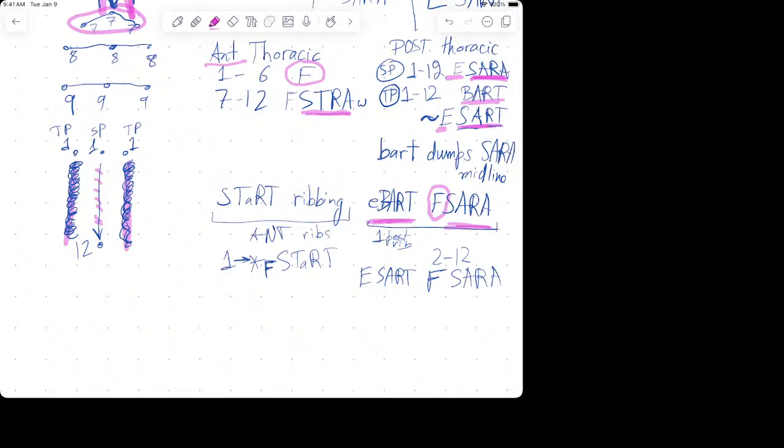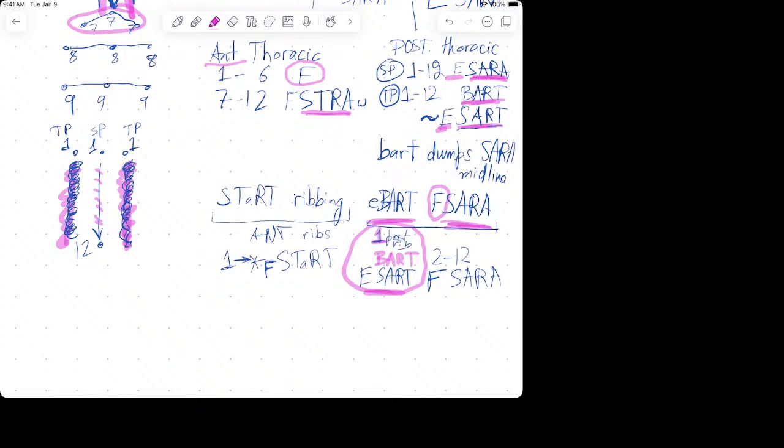And yeah, so start ribbing, take the BART, extended line BART, extended line BART over there too, and then F Sarah. So really this is the one that stands out, and with the BART you can remember it because thoracics had a BART for the tram tracks, and then you start the BART at the first line. So for ribs, it's again the BART or the SART, since that's how I rhyme it, extended line BART. And you're done with the ribs.